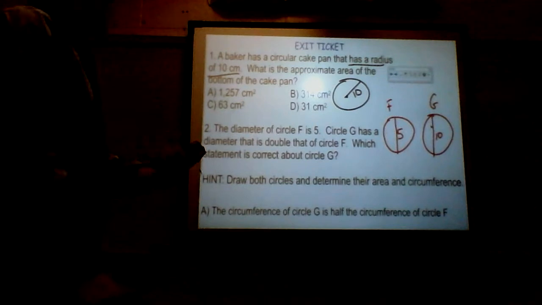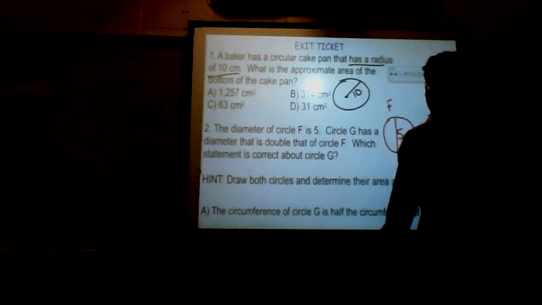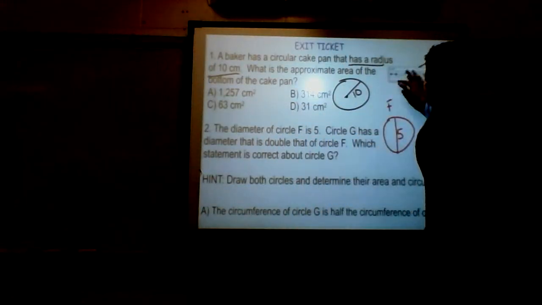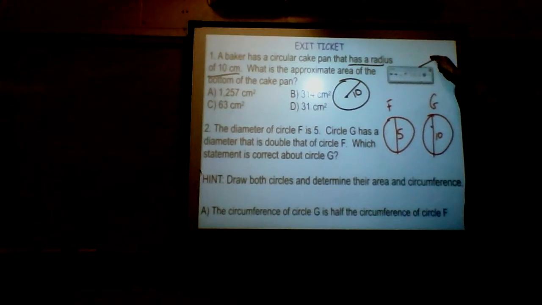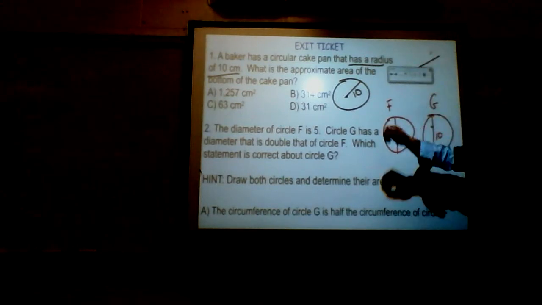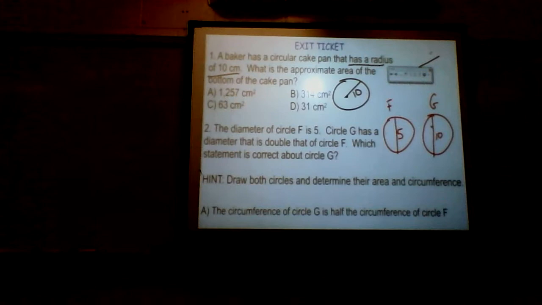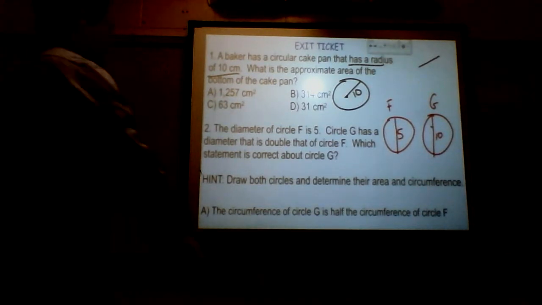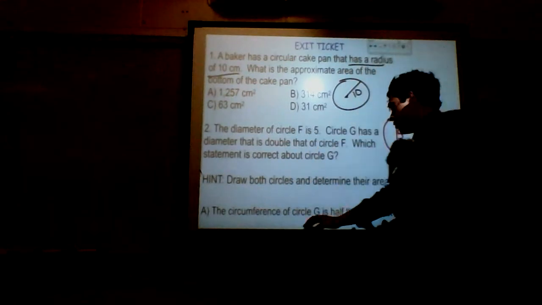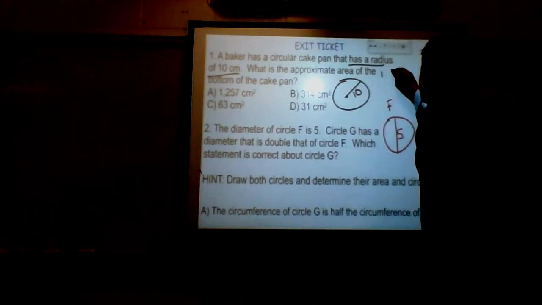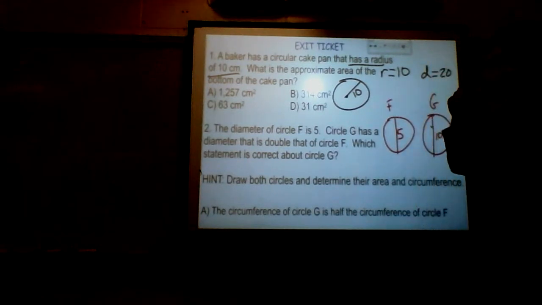Just like all of these problems, one of the most important things that we need to know is the radius and diameter, because that is going to help us figure out what the circumference and area are. So, in this problem, it has a radius of 10, which means it has a diameter of 20.